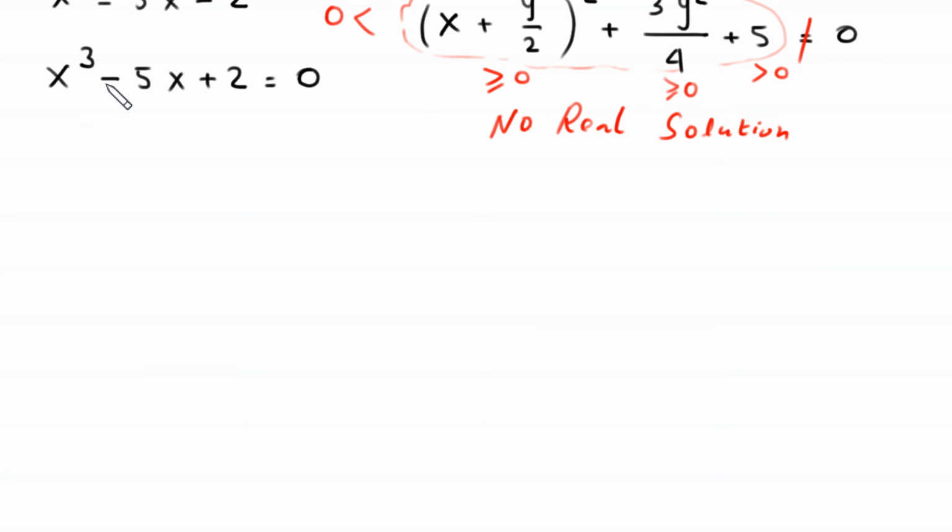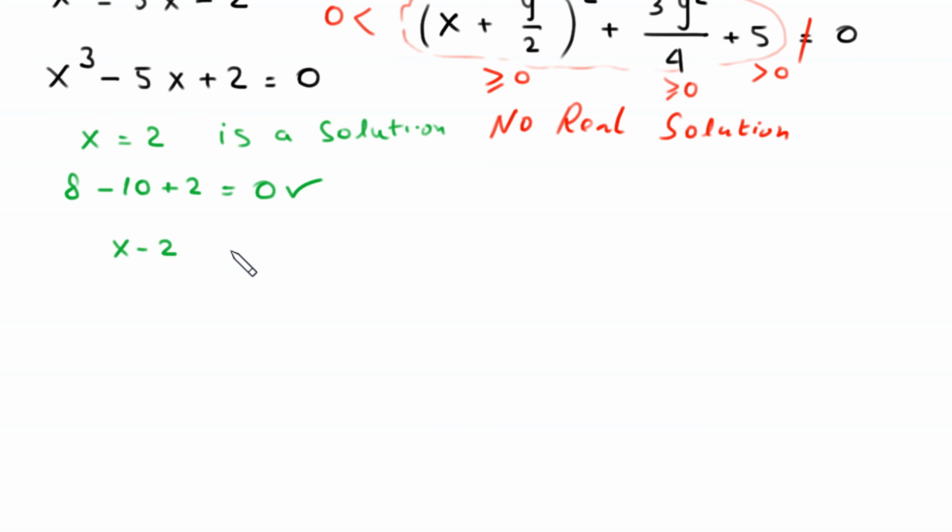Now in this cubic equation, if we check x is equal to 2, then 2 cubed will be equal to 8, and negative 5 times 2 is negative 10, plus 2 equal to 0. This is true, which means that 2 is a solution of this cubic equation, which also means that x minus 2 is a factor of this cubic equation.